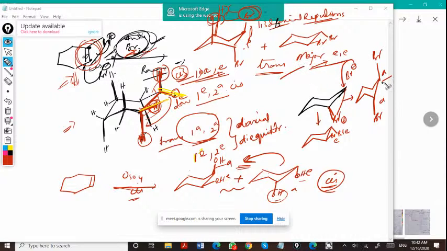Okay, if it is trans, it must be diaxial or diequatorial. If it is 1,2 position, it must be diaxial or diequatorial. So this is about the product formation. Any more doubts?